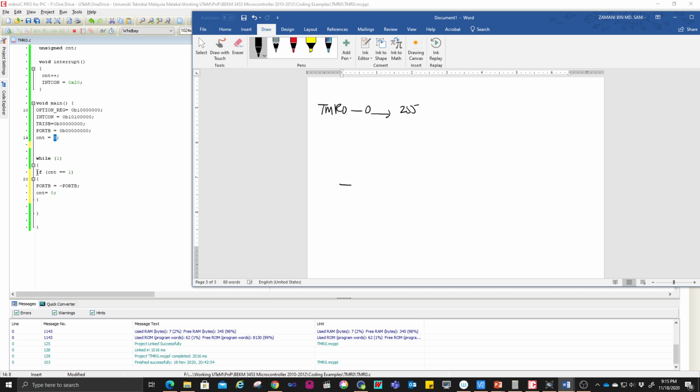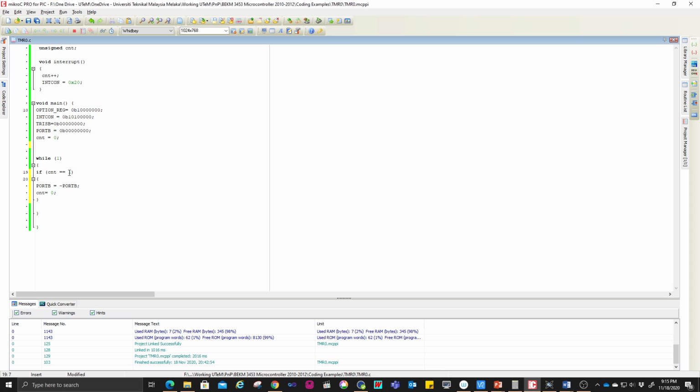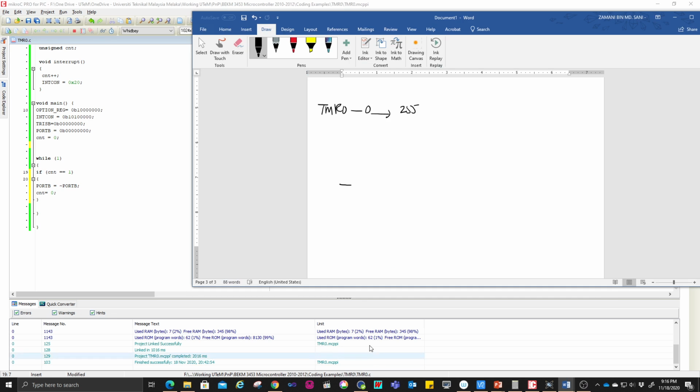So what happens is, if this count is not equivalent to 1, it's going to jump outside from this loop, from this bracket. So just jump out here and then go again check. So when is the count going to be changed to 1? Remember that your timer 0 is still counting at the background.